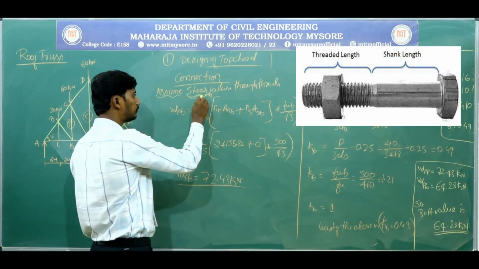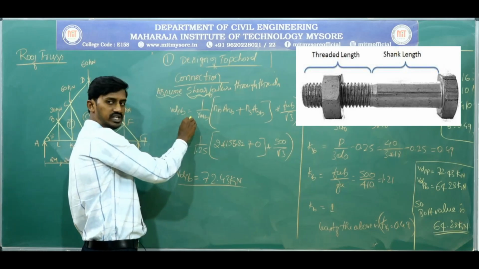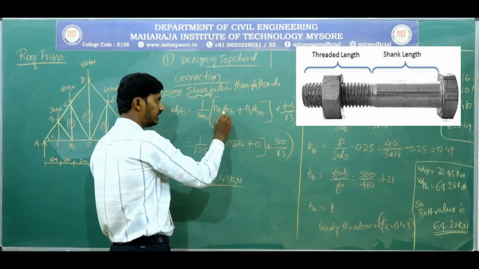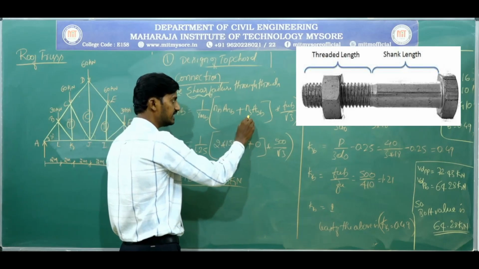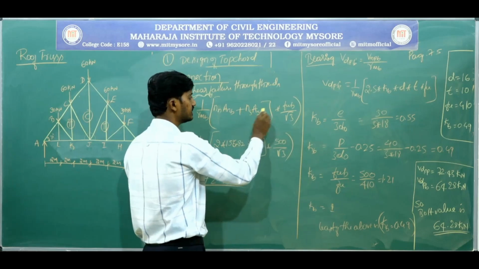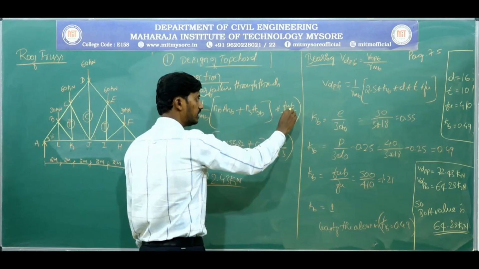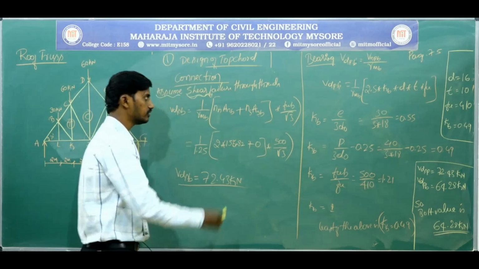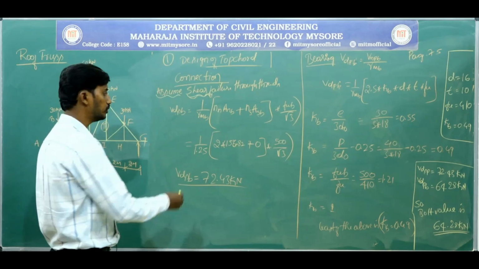So what is the formula for the shear? VDSB is equal to 1 divided by gamma MB into NN multiplied by ANB plus NS multiplied by ASB, whole thing multiplied by the ultimate strength of the bolt divided by root 3. This is the formula which is readily available in the code book.